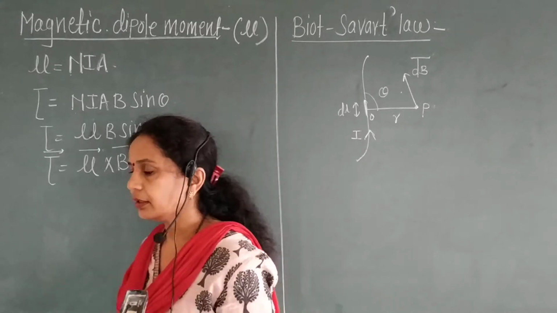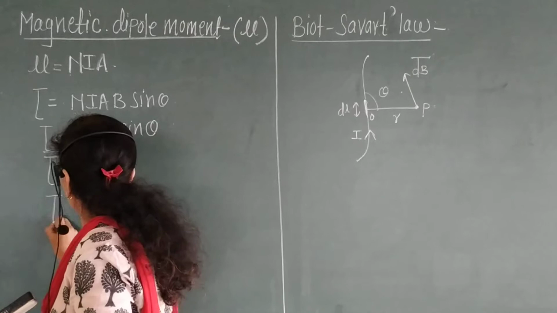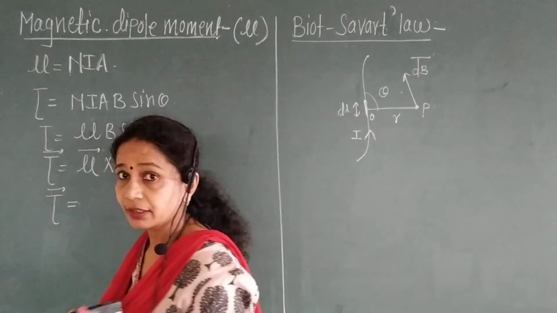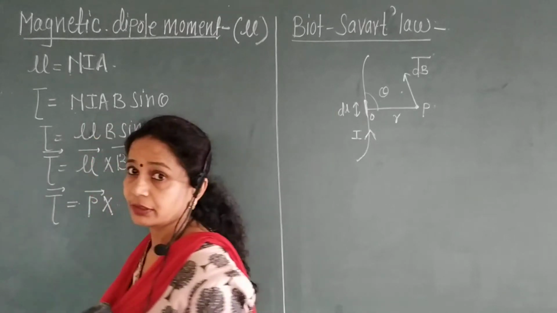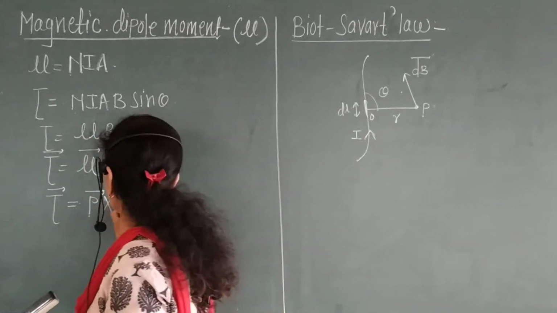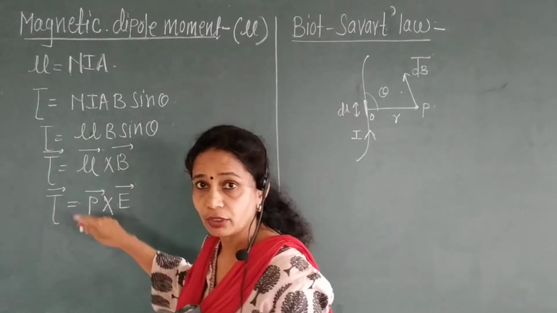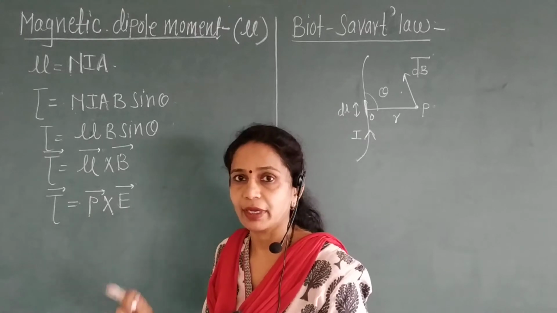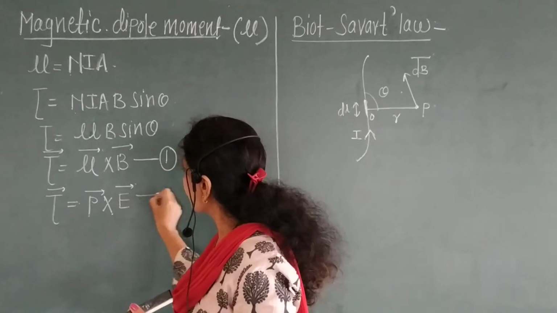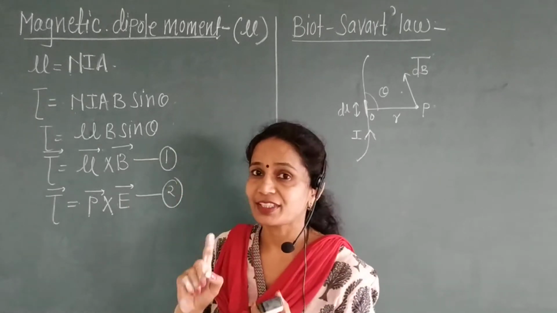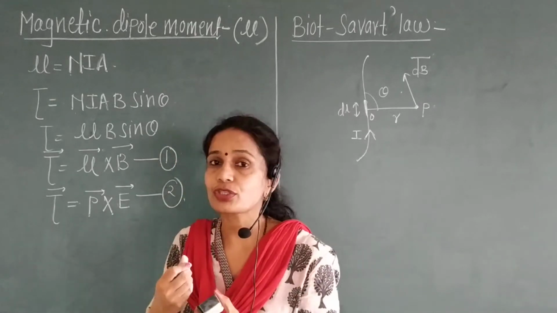And in the previous standard we found the torque tau in the case of an electric field is equal to P vector cross E vector. This is the torque acting on an electric dipole moment exerted by an electric field. So this is equation number 1, this is equation number 2, and these two equations are analogous to each other.